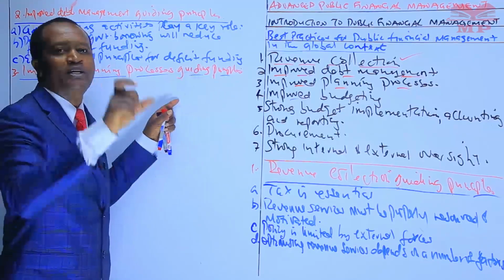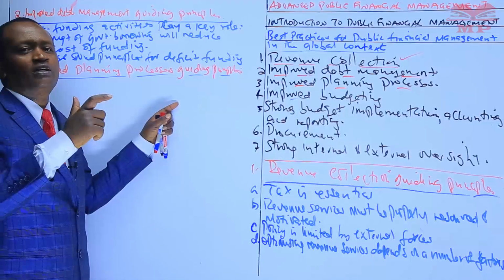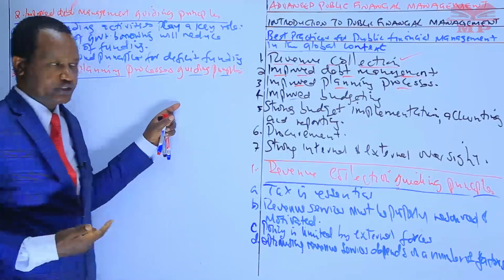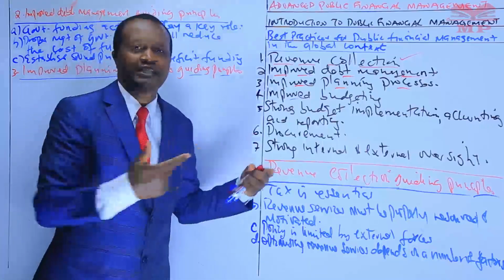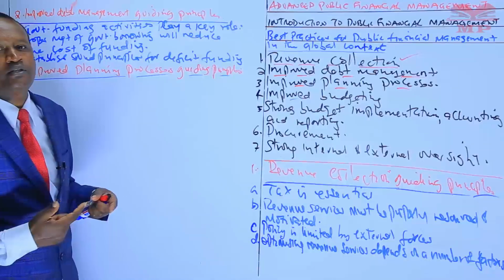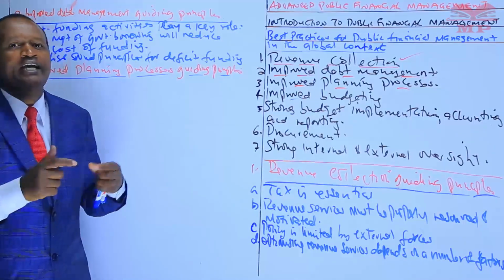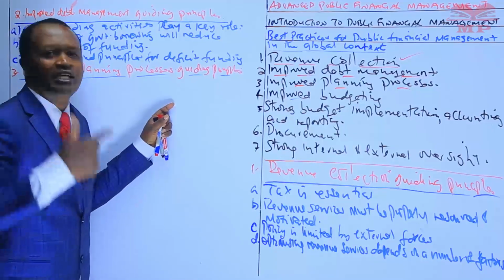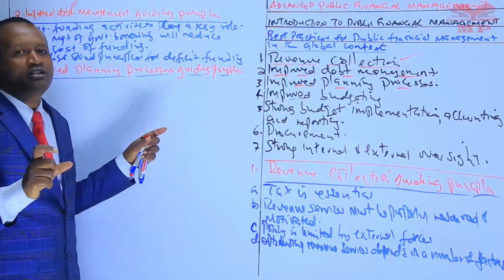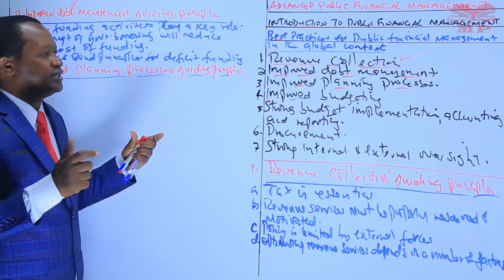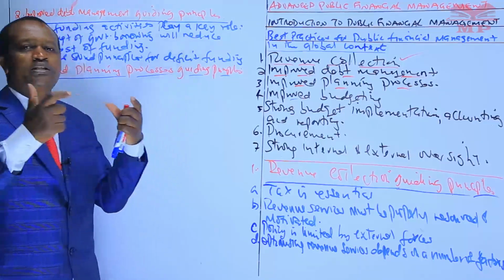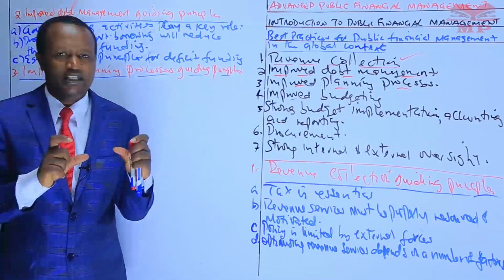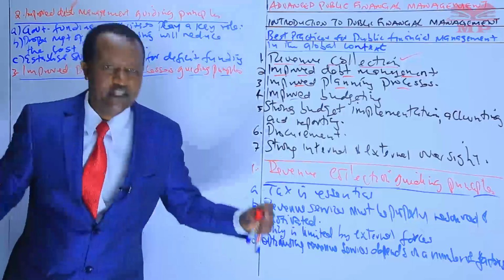And the demand for public goods will always exceed the supply, that we know. The demand for public goods will always do what? Exceed the supply. So effective planning and allocation of resources is therefore critical. And best practice in expenditure planning requires that, 1, governments should develop and institutionalize planning processes at all levels of government.